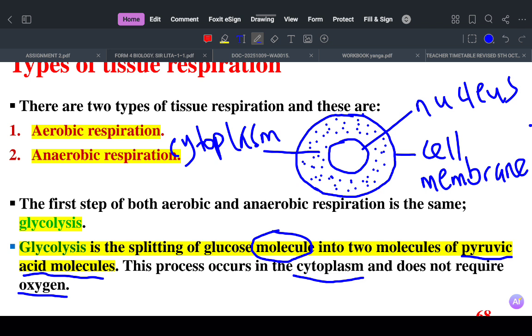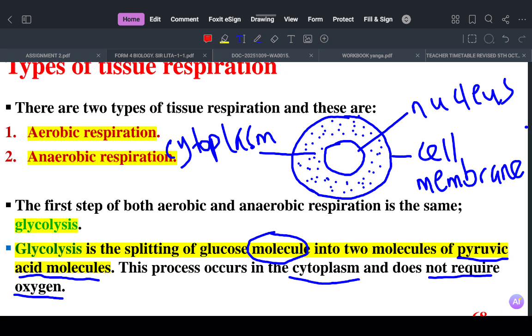So in other words, the process on its own is anaerobic. The breaking of glucose molecules into pyruvic acid molecules is anaerobic, meaning it does not require oxygen. And take note, it occurs in the cytoplasm, which is part of the cell.